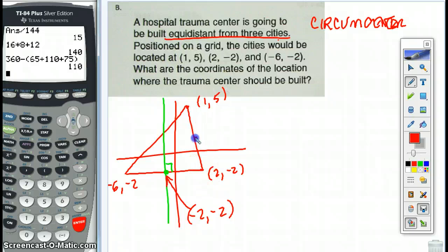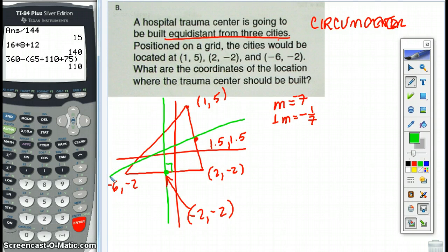And we're going to find that the midpoint right here is actually 1.5, 1.5. I know that this slope is -7. So if the original slope of the line is -7, the perpendicular slope of the line is 1/7.